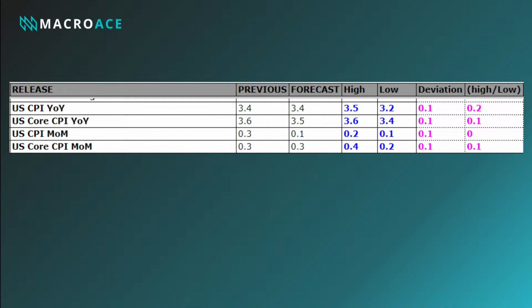Now, to be honest, if we're looking at the data and we're looking for a really good market reaction, whether up or down, for the stock indexes, or for the dollar, or for ZT, the two-year bonds, then you'd want data going all in one direction rather than being chopped up and mixed.